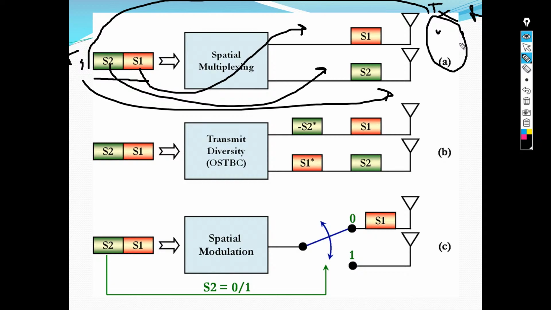Because if you transmit multiple symbols in parallel but you are not able to separate them, then what's the point? You are causing interference to yourself.